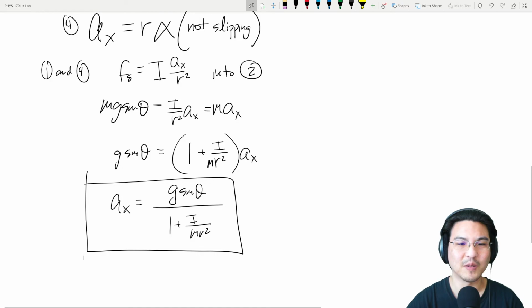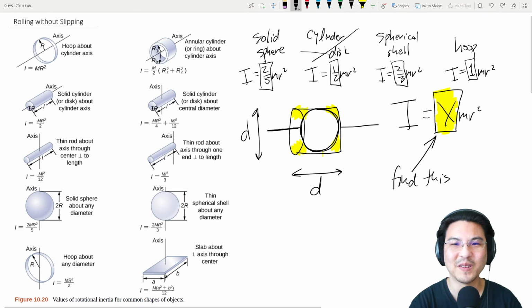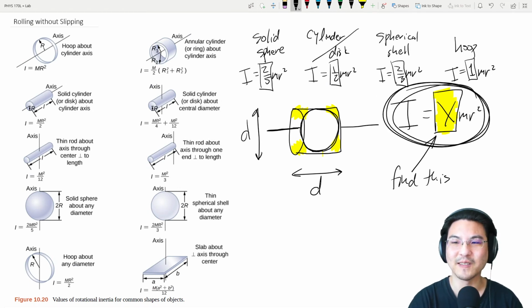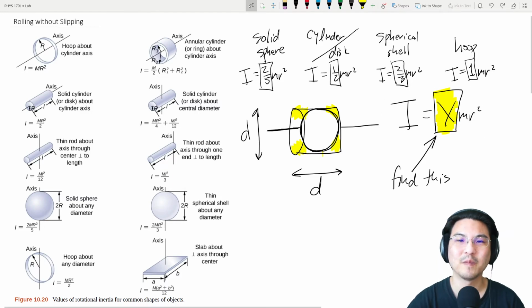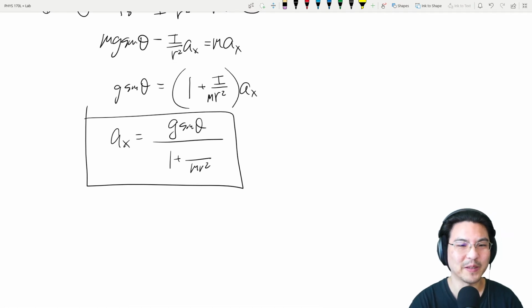And notice, see here, this is the moment of inertia. See how we just talked about this over here? Where the moment of inertia is some kind of coefficient times mr squared. Why don't I put that over here? Moment of inertia is some kind of coefficient times mr squared.